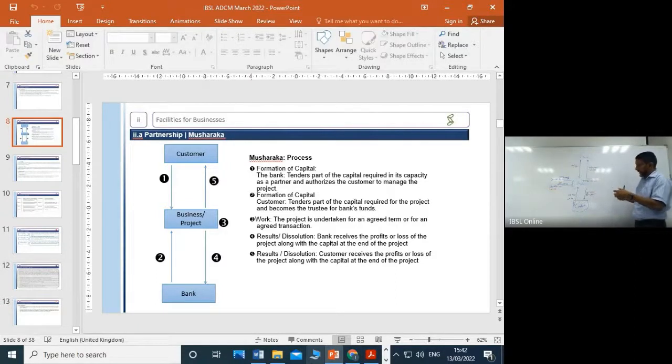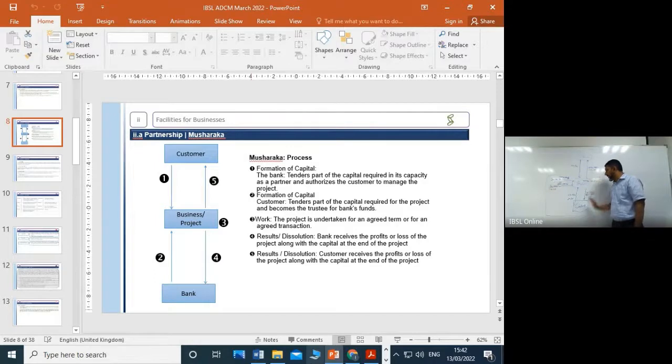Now, this part is the real sector activity, and this part is the financial sector activity. In a conventional bank, only the financial sector activity remains. It's not directly connected to the real sector activity.